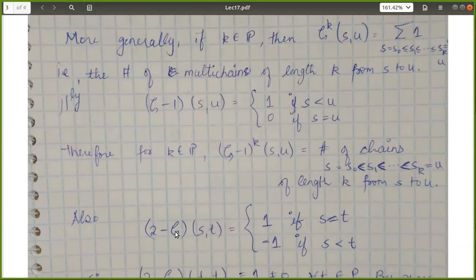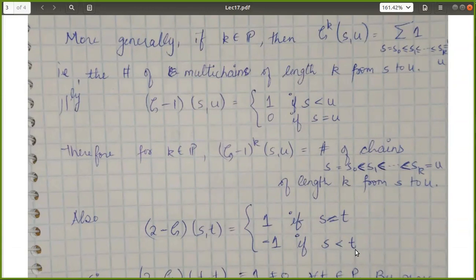And if S is less than T, what is identity of ST? 0. So you will have 0 minus 1, so that is minus 1. So 2 minus zeta of ST is minus 1 when S is less than T.